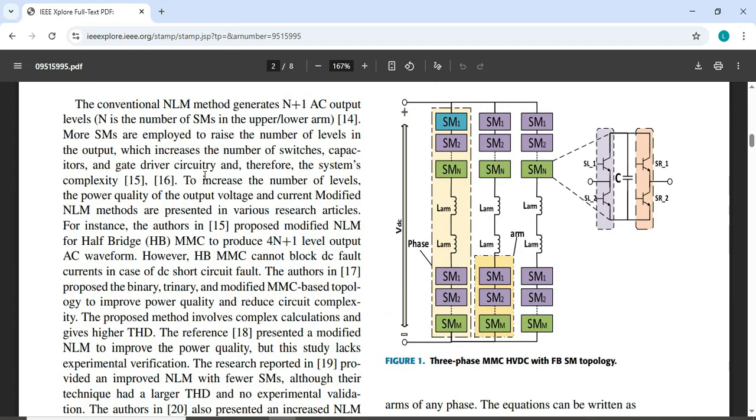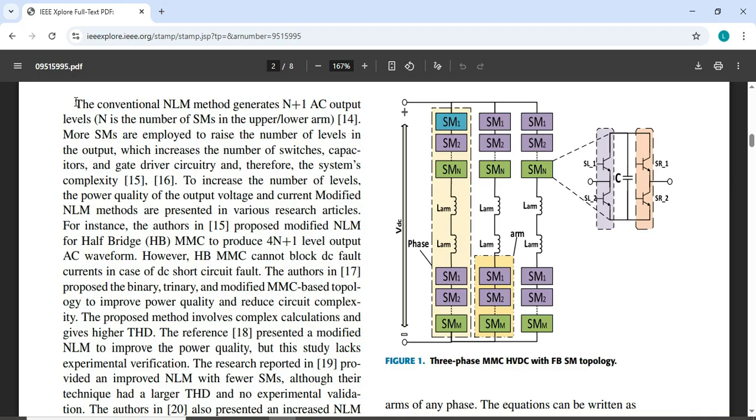The half bridge submodule has two switches and one capacitor, whereas the full bridge submodule has four switches and one capacitor. The benefit of using the full bridge submodule compared to the half bridge submodule is that it can produce positive as well as negative voltage and zero voltage. So this is one of the advantages of using the full bridge submodule.